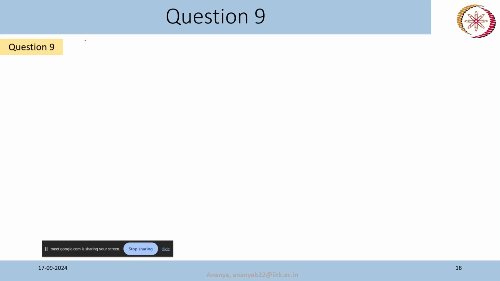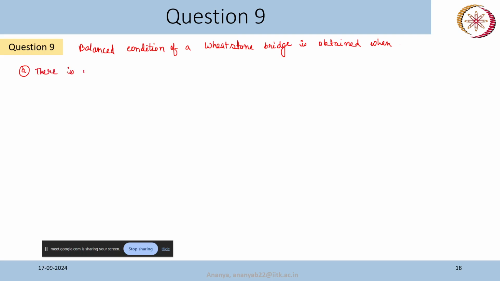So let me write down the question here. Balanced condition of a Western bridge is obtained when: option A is there is no flow of current through galvanometer.